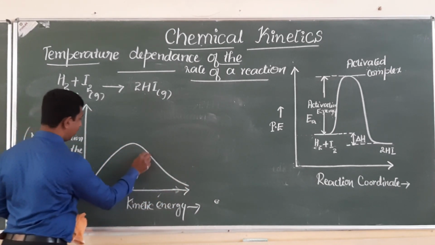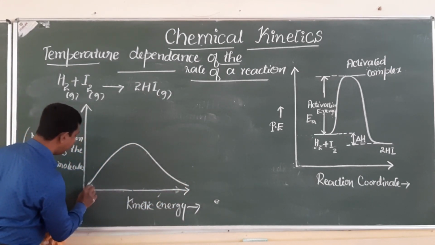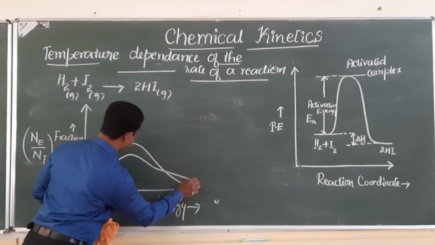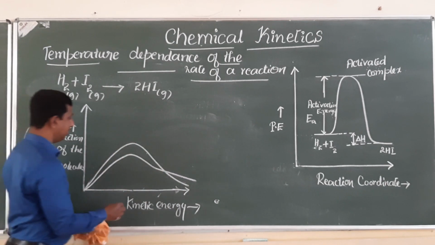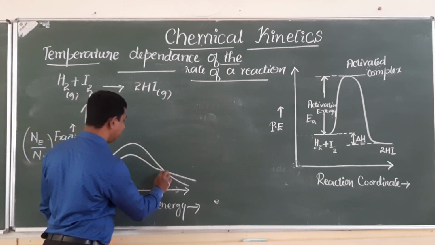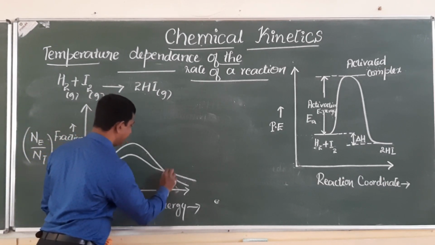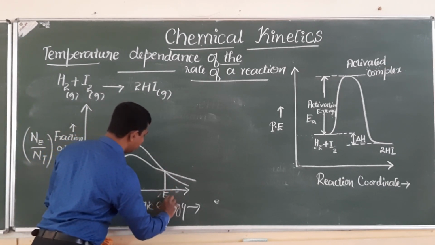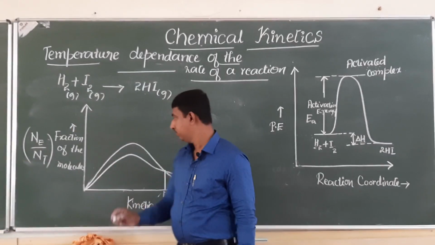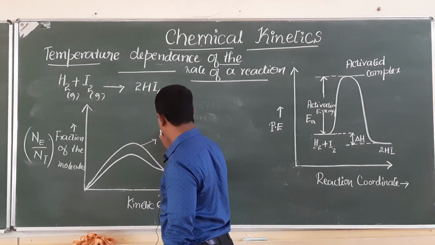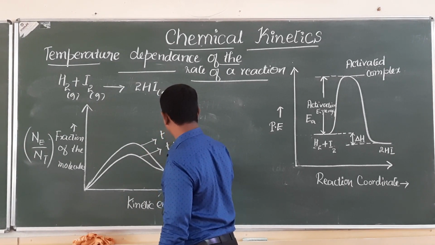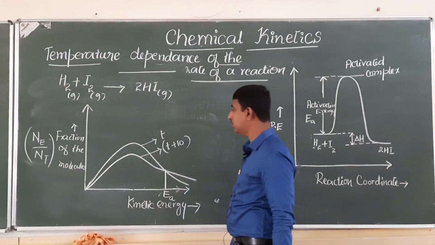This is the graph before increasing the temperature. This is after increasing the temperature. This value I will take as EA. What is EA? Energy of activation. The first curve is at a temperature of T. This is at a temperature of T plus 10, that is upon increasing the temperature.